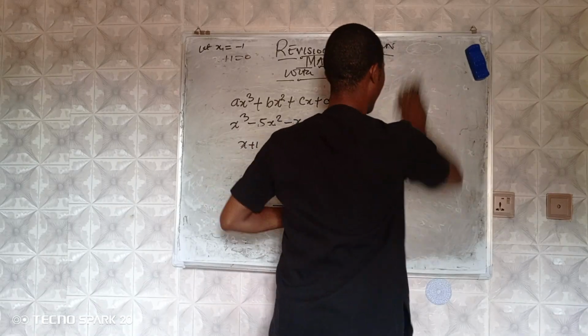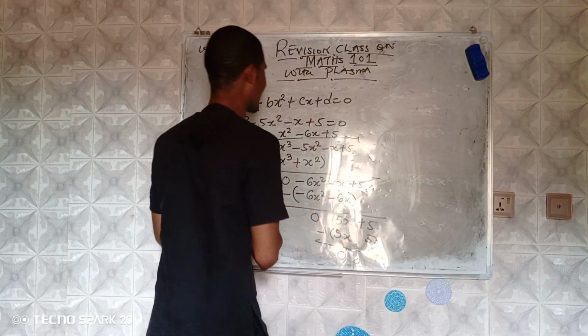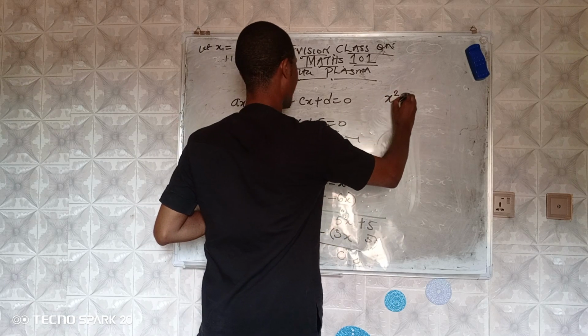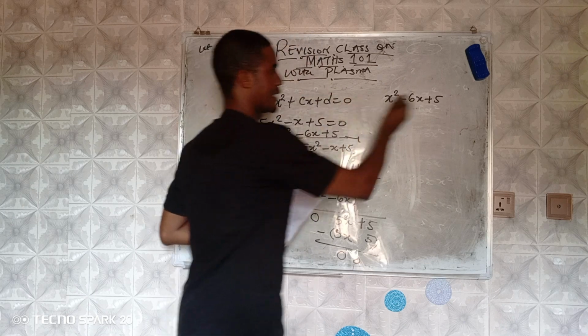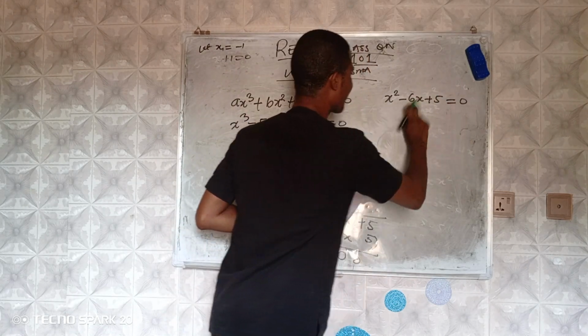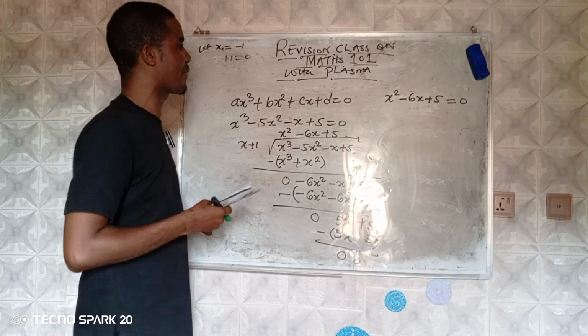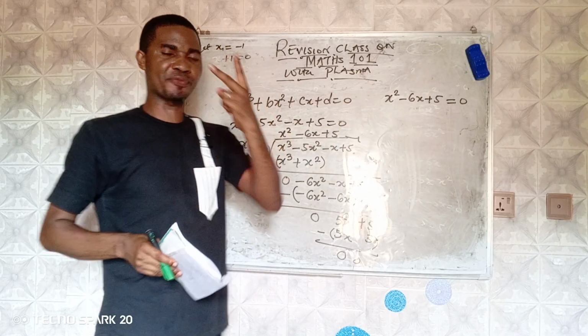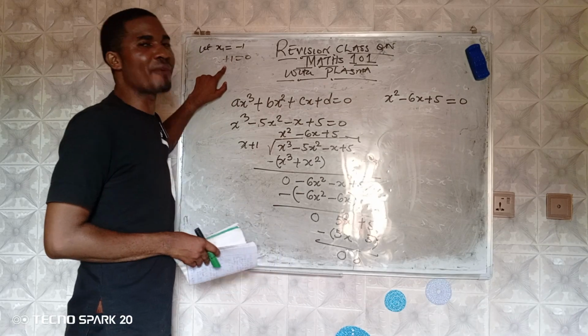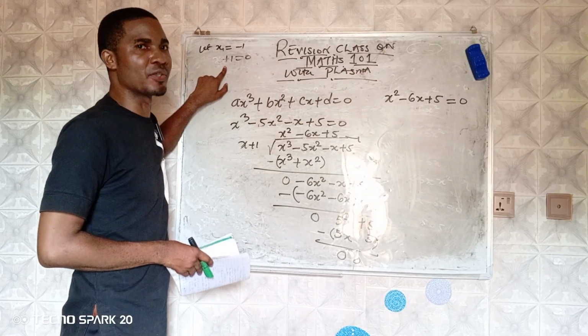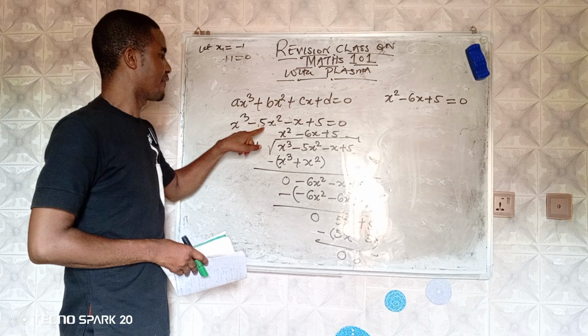Our quotient here now is written as x squared minus 6x plus 5 equals 0. If I factorize this quotient, which is now a quadratic equation, I'm going to have 2 values of x. Those 2 values of x plus the 1 value of x I've gotten before will give me 3 values of x. Then I've completely factorized this.